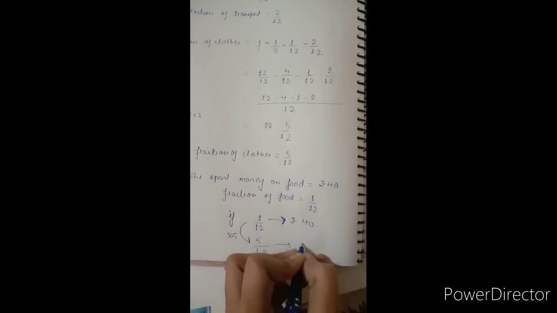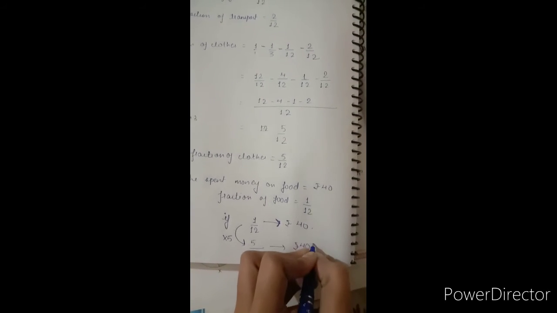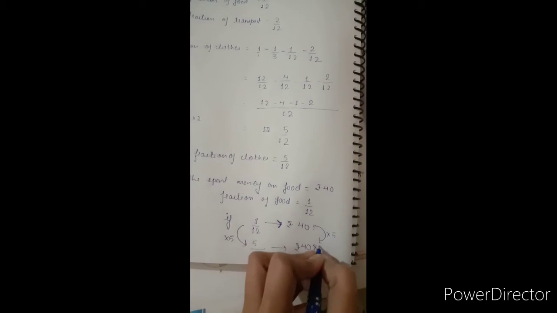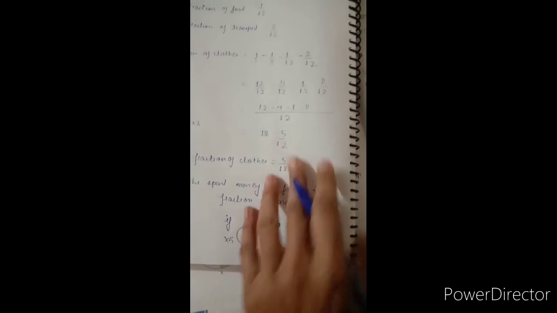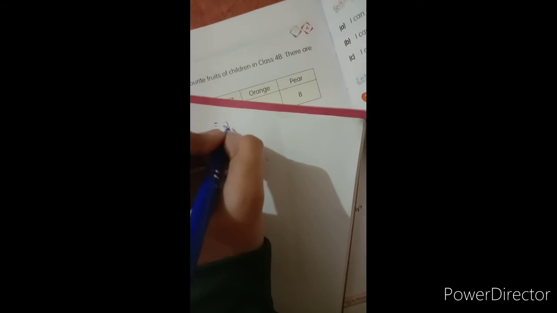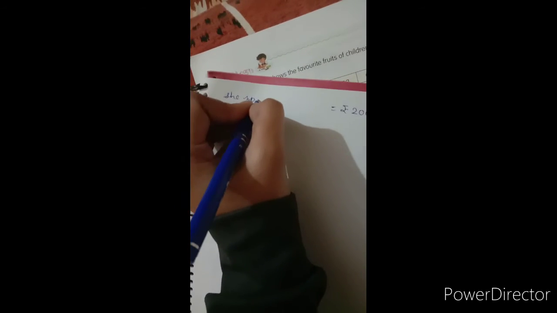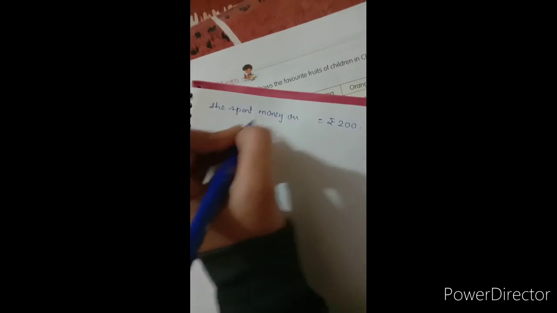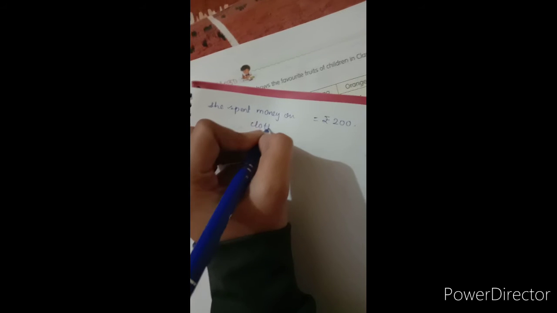So 40 multiplied by 5 is rupees 200. Means the money she spent on clothes is rupees 200.